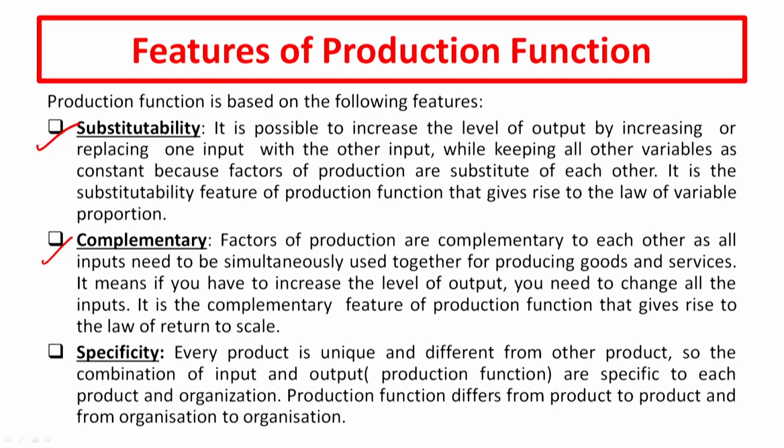That means you cannot keep any factor as constant. Each and every factor needs to be variable, needs to be changed for changing the level of output. It is this feature of the production function that actually gives rise to the law of returns to scale, and this law relates to the long run law.